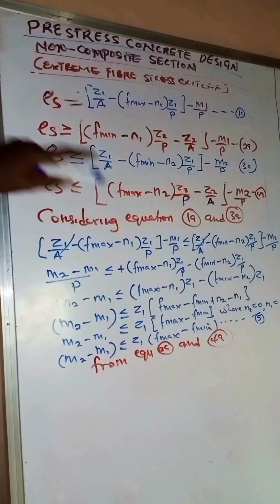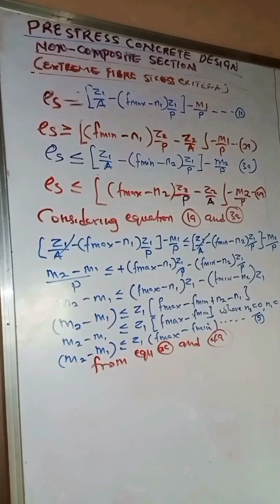Now, equation 2a, of course, the lower limit of eccentricity is equation 2a, while the upper limit is equation 4a.